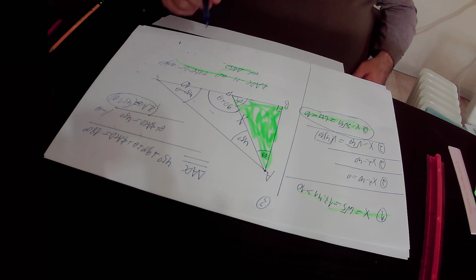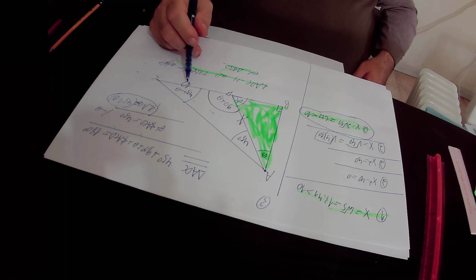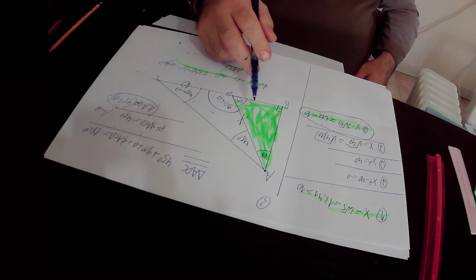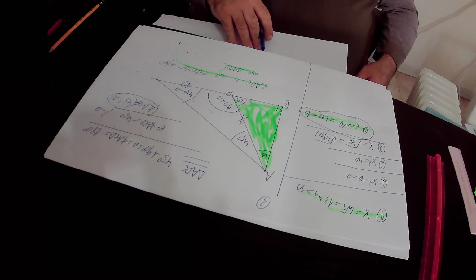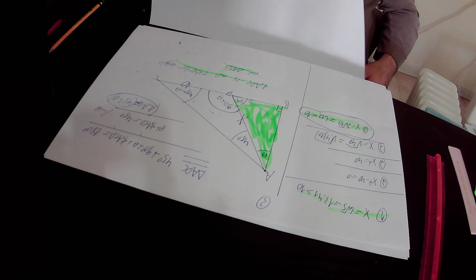And because the smallest angle is in front of the shortest side, that is to say, AD, which is equal to x, is the shortest side in triangle ADC.